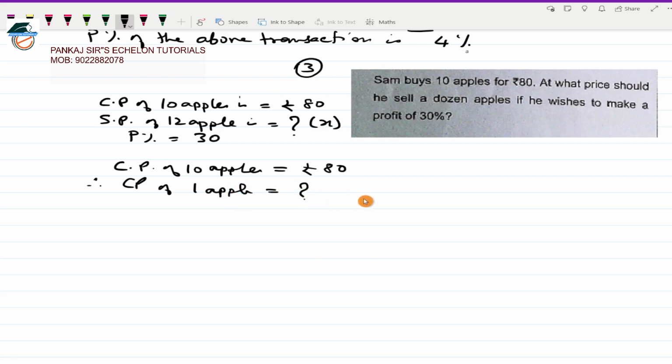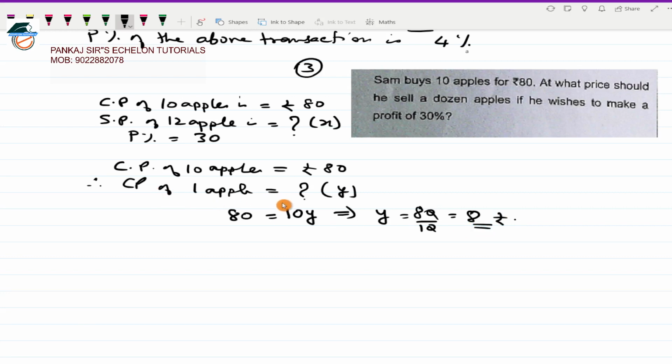So the answer for this question mark will be cross multiply. 80 into 1 will be 80, equal to, suppose you take this as y, 10 into y will be 10y. And you want to find out this y. So this implies that y will be equal to 80 upon 10, which is equal to 8. 80 upon 10 is 8, right? So this 8 will give you the cost price: 8 rupees is the cost price of one apple.